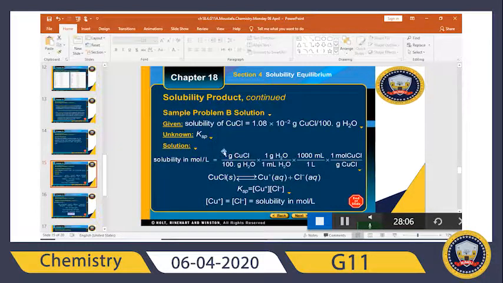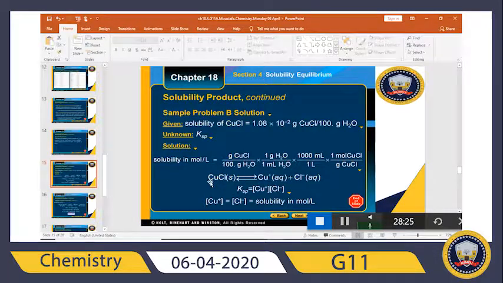So you will divide grams over what? Over the molecular mass of the copper(I) chloride. Okay, so this is the equation, and here this is the exchange.